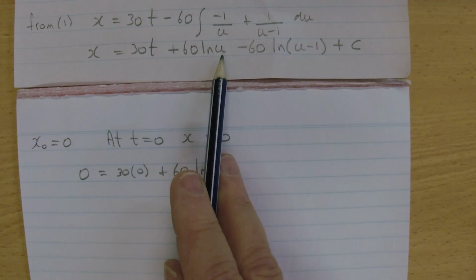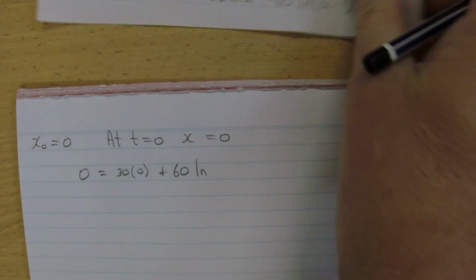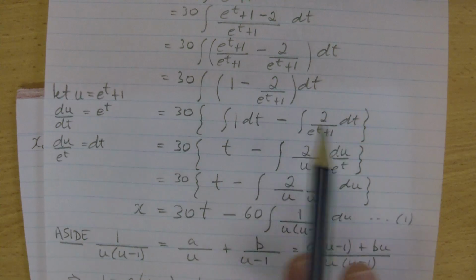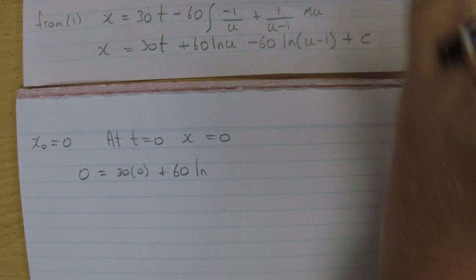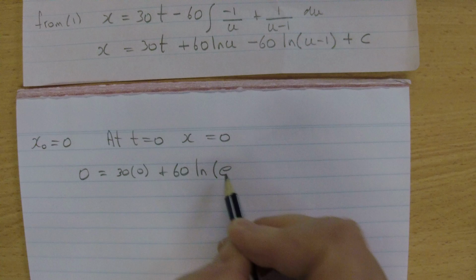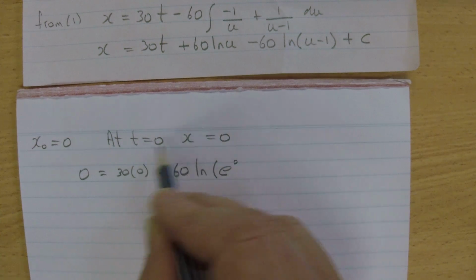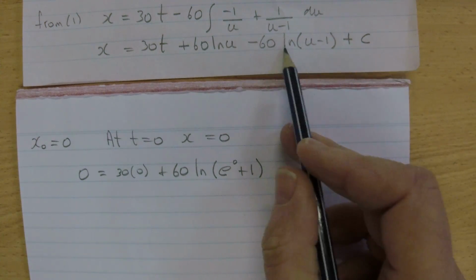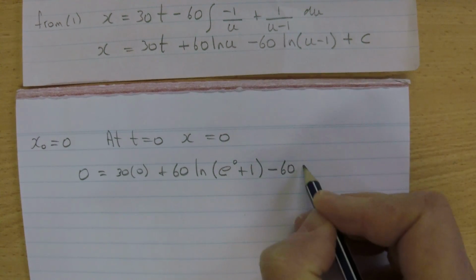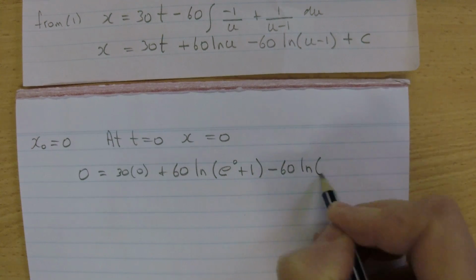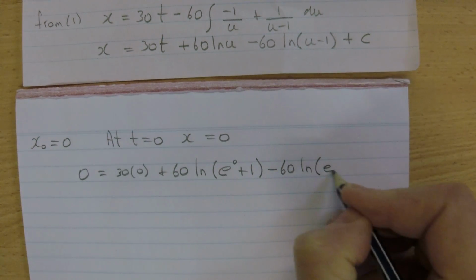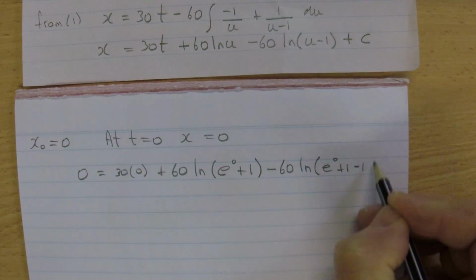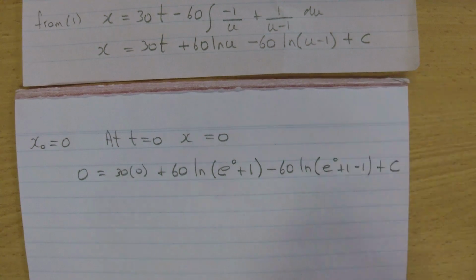Now, u, remember, from back here, u was e to the t plus 1. So, e to the power of 0 for time plus 1. Now we have minus 60 times the ln of, remember u was e to the t, so e to the 0 plus 1. This term also has minus 1. And finally we have plus c.